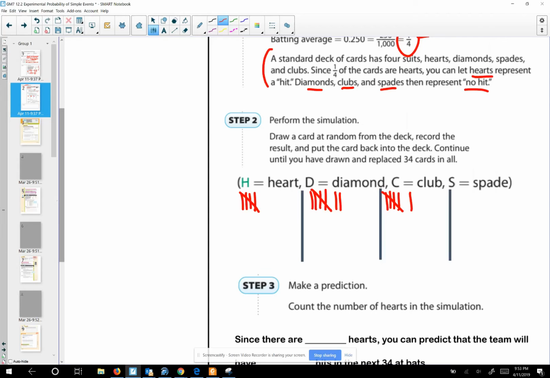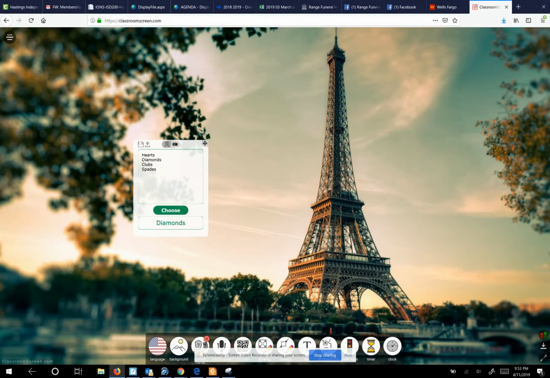And spades, we also have 6. 6, 12. 7 more makes 19. And these 5 make 24. We have to do 10 more because we need to perform an experiment that has 34 in it. All right, so let me flip back to the screen, and we've got to do 10 more.